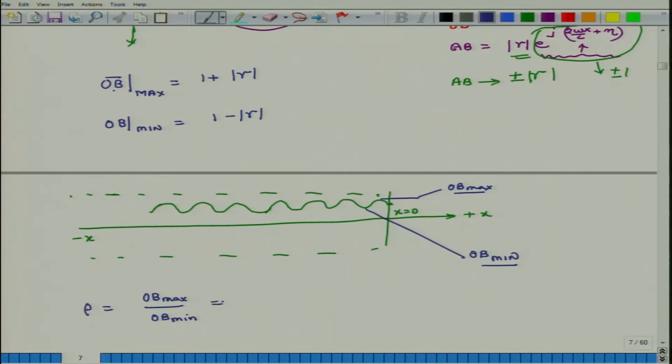So, what is this ratio? It is 1 plus gamma divided by 1 minus gamma. I can actually measure this ratio. How can I measure this ratio?